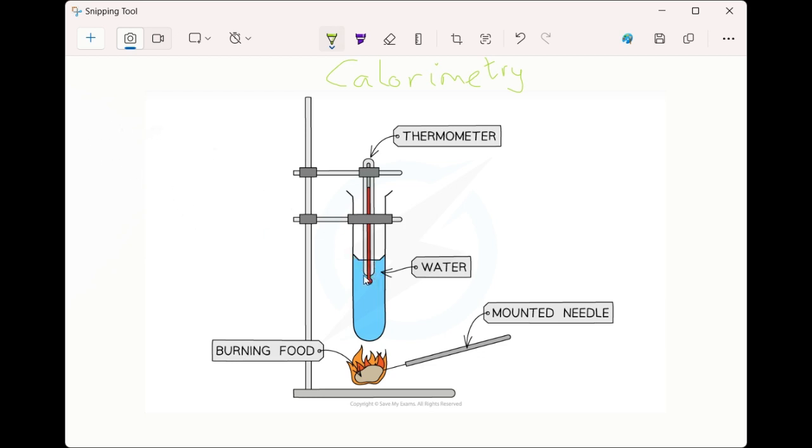Once you know the initial temperature and the final temperature, you can find the temperature change and put it into the equation E equals mc delta T. So if you do the mass times the specific heat capacity times the change in temperature, that should give you the energy change, which will tell you how much energy that food had before you burnt it.